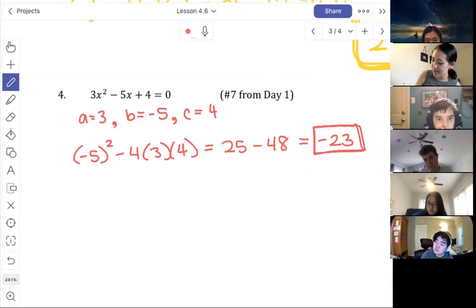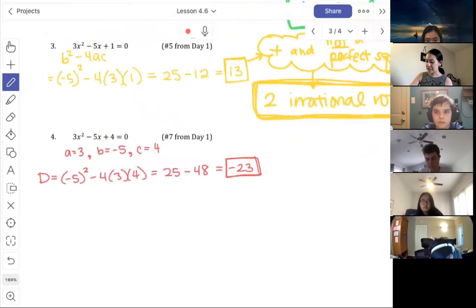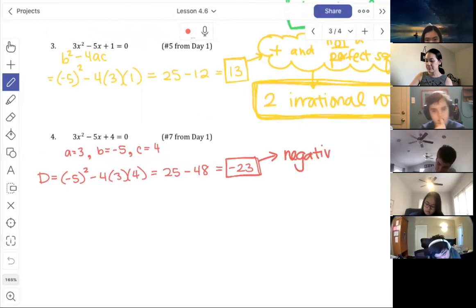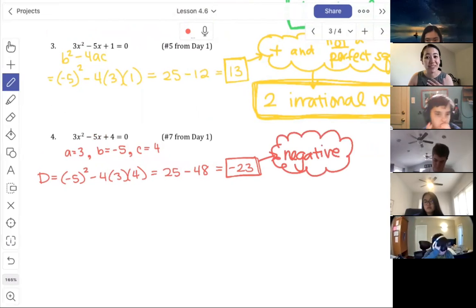All right, so that is our discriminant. I'll just call it capital D for discriminant. And the thought process on this one is it's negative. It doesn't matter if it's a perfect square, like -23 is not, but if it was -16, it is. If it's negative, that's all that matters.